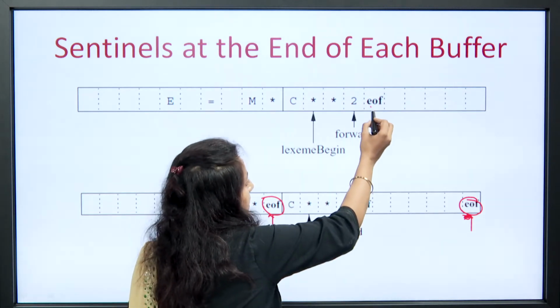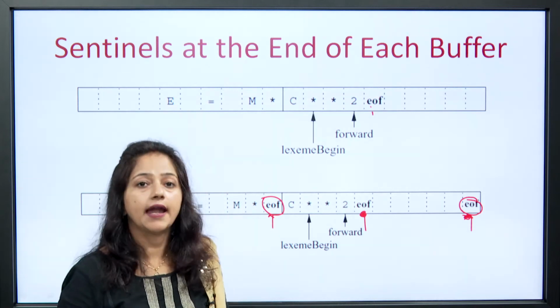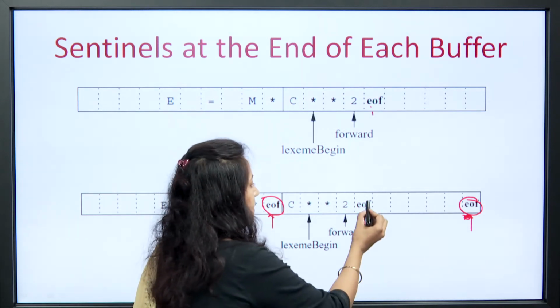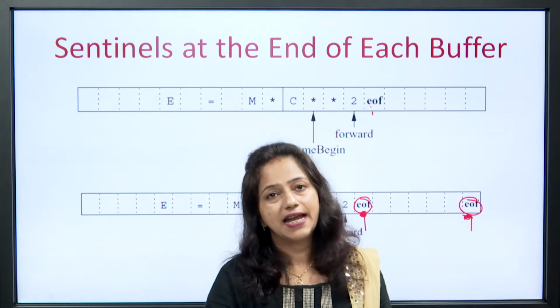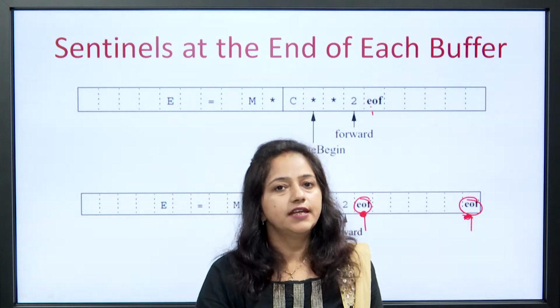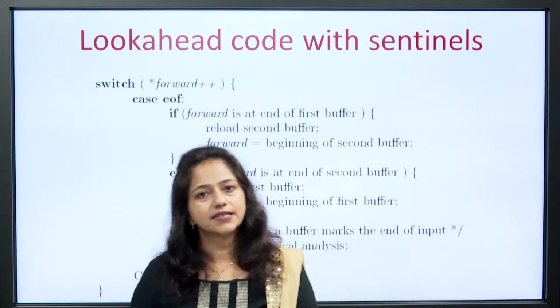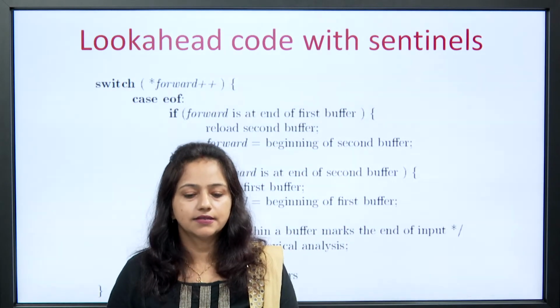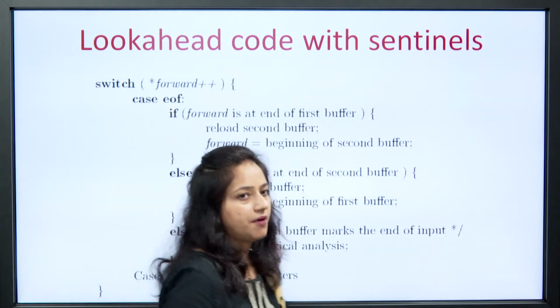If we are reading EOF somewhere that is not the end of a buffer, then we know this is the end of the file. So, we can put the sentinel at the end of each buffer and do the task using a simple test. And here is the code for loading the buffers.